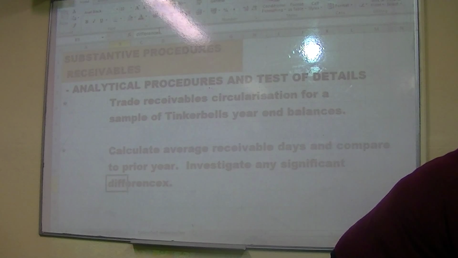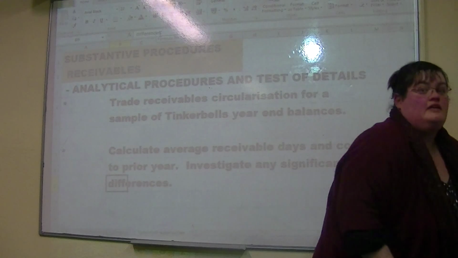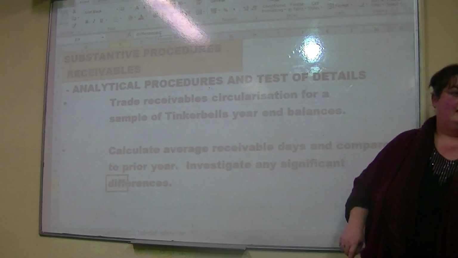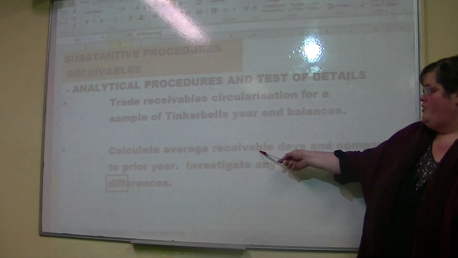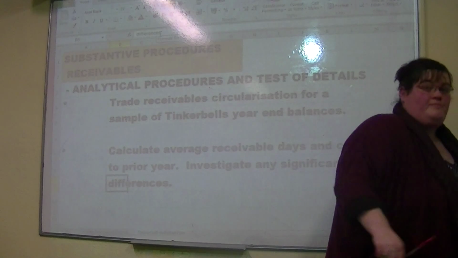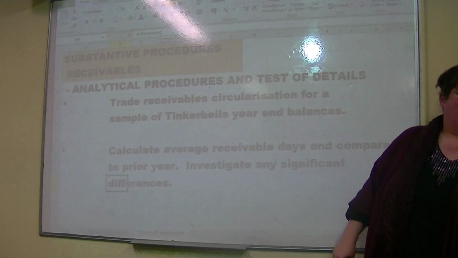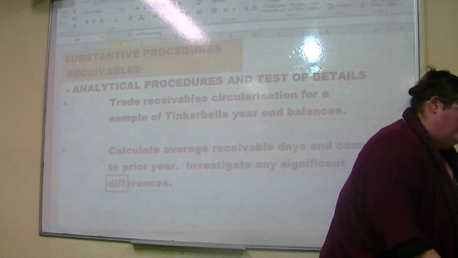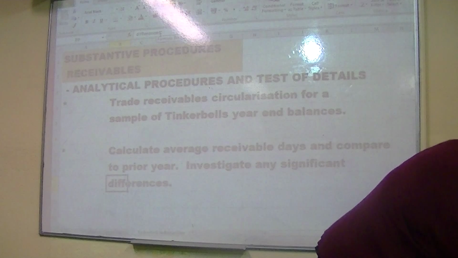It's a long time since I did them, but you know what I mean, like the creditors' days and the debtors' days, yeah? It's just because we're using receivables days here. Okay, so that would be an analytical procedure we'd actually be doing. Okay, so investigate any significant differences.